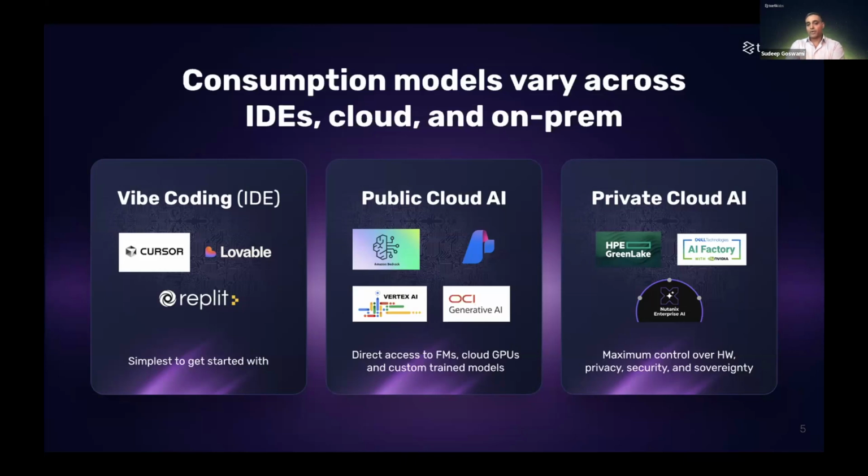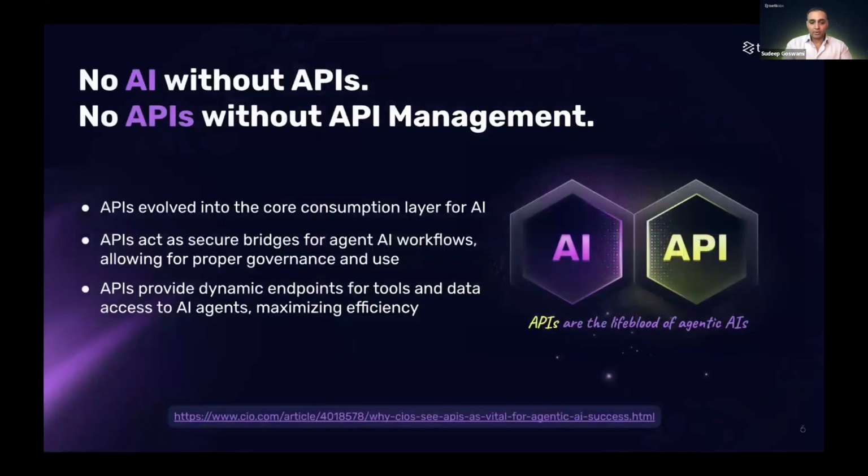Now, before we go further, I want to share one other key trend and pattern that has emerged, which is the symbiotic relationship between AI and APIs. We know that any AI endpoint to be consumed requires an API interface. It doesn't technically require it, but that's become the dominant pattern and the dominant interface.